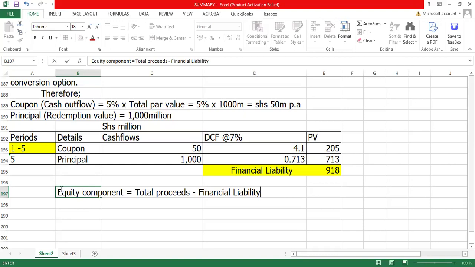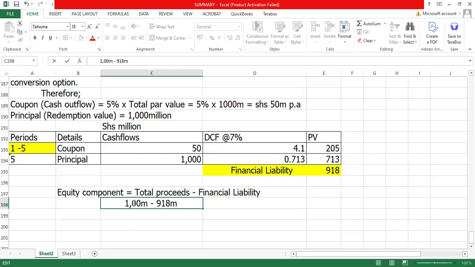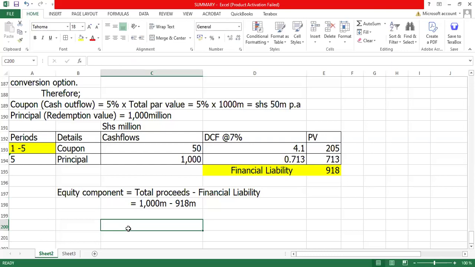Do we have the total proceeds? Those are your cash, what you want to convert at the end. That is 1 billion. Then minus the financial liability, which is 918 million. Rather, this is 1,000. How much do you get?